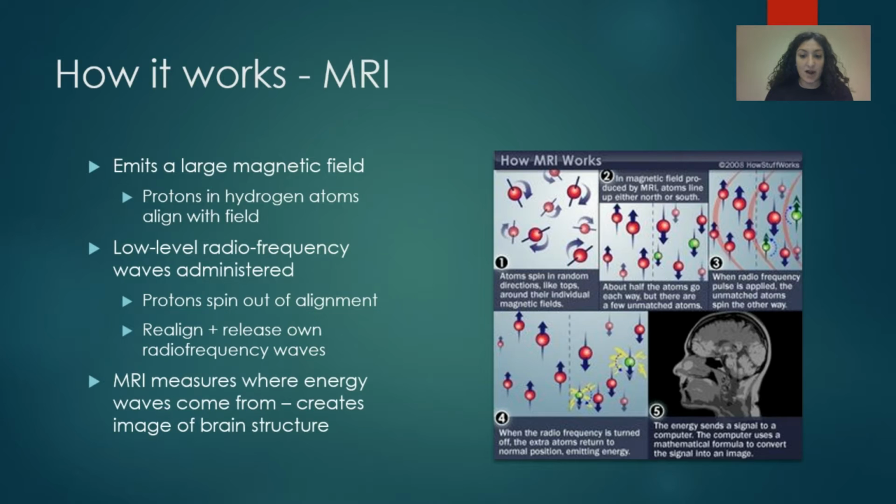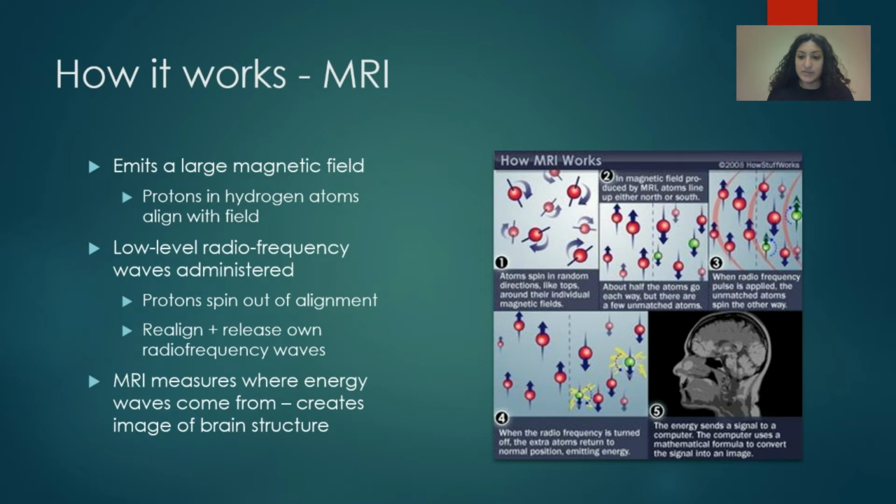In a regular MRI scan, the magnetic field emitted causes the protons and hydrogen atoms, which are in the lipid molecules that make up most of the brain, to align with the field. Then, low-level radio frequency waves are administered, and the protons spin out of alignment.